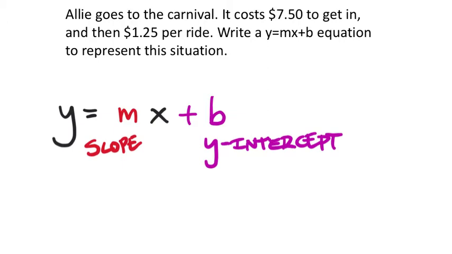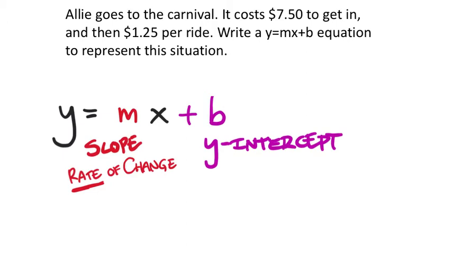Now, the slope in a word problem, at least, I'm not saying that you'll remember this from 7th grade because no one remembers jack squat from 7th grade, but the slope is also known as rate of change, okay? So that's what they would have said in 7th grade. Really, the only thing we're looking for here is the rate. If you can just find the rate, then you will know the slope.